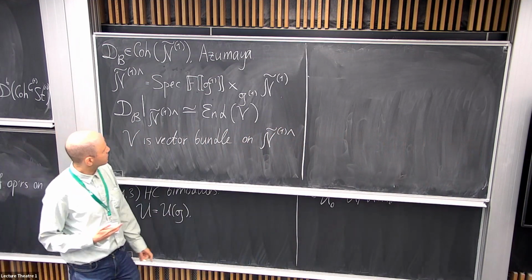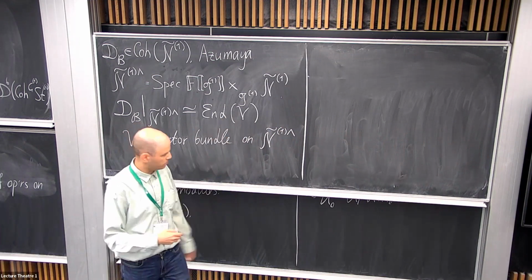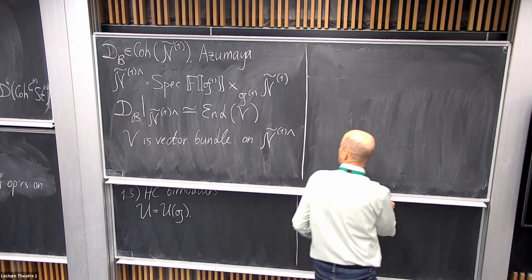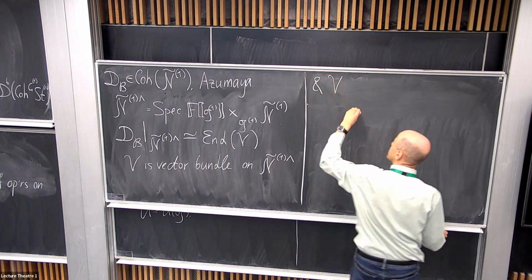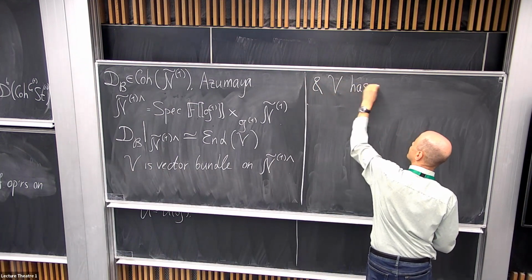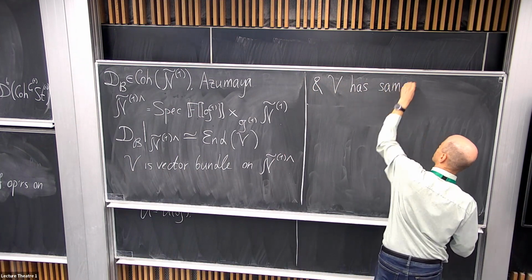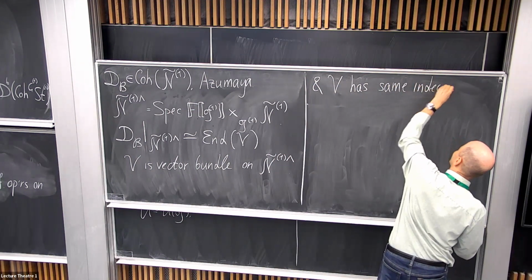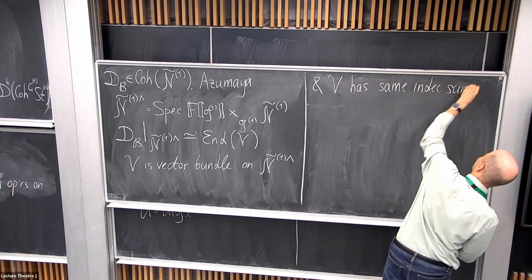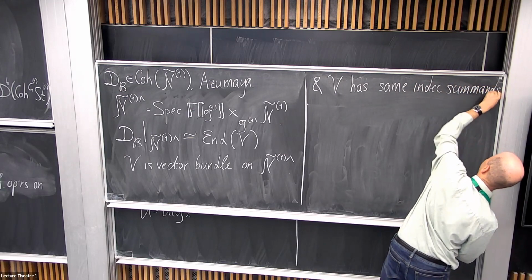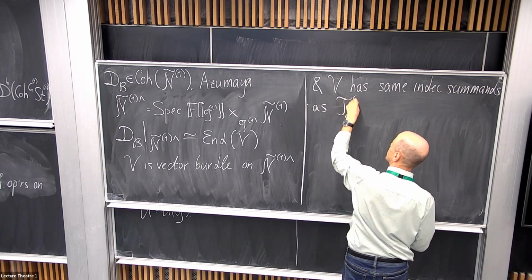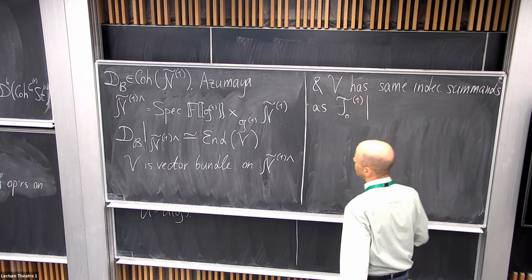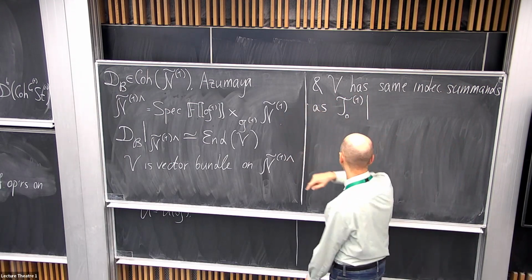So if you choose this vector bundle carefully, it has the same indecomposable summands as T0, well, twisted by 1, and again restricted to the same small neighborhood.